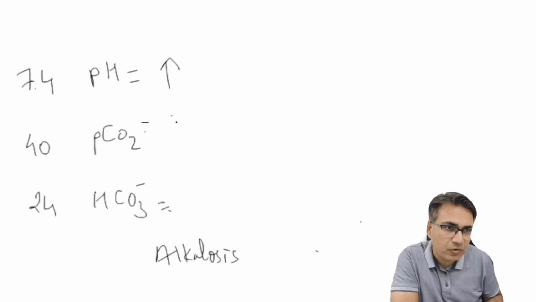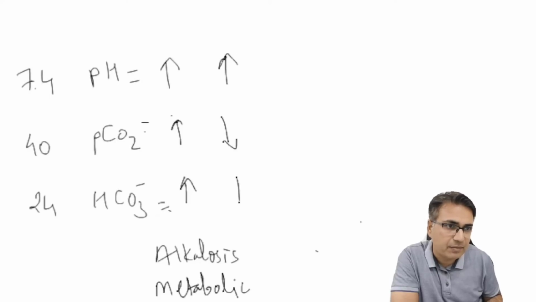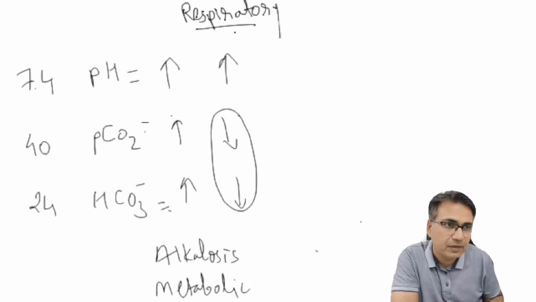Now if PCO2 level and bicarbonate level are in the same direction, then the cause must be metabolic. If pH is more and PCO2 and bicarbonate level are in the reverse direction, then the cause must be respiratory, right? First look at the pH, then see in which direction the PCO2 and bicarbonate level are, whether the same direction or the reverse direction.